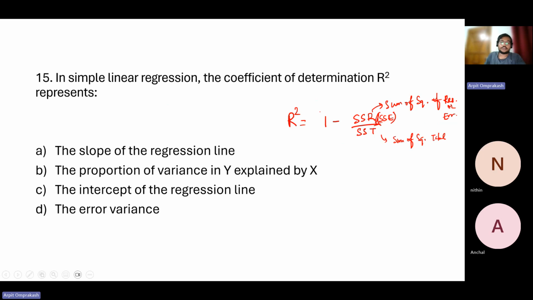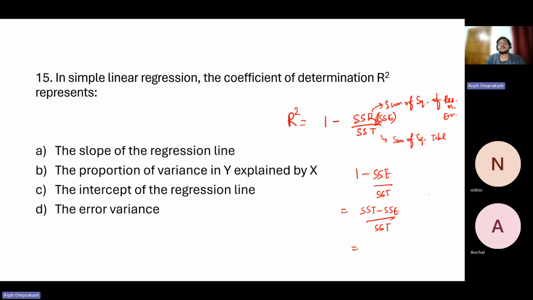So what we have here is R square is 1 minus the sum of squares of errors by the sum of squares total. So what this gives us is total minus error by total.